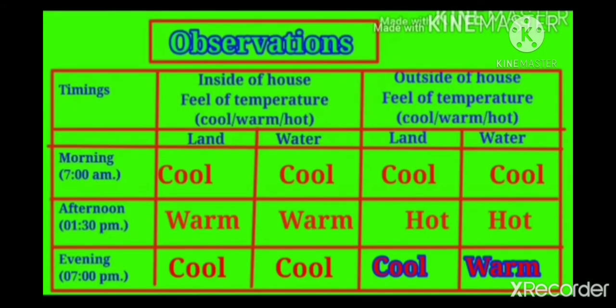We must have realized that the land cools down earlier than the water. The water kept outside in the sun is still a little warm. Due to this difference in the heating and cooling of land and water, the air over the land gets heated faster and also becomes cooler rapidly.